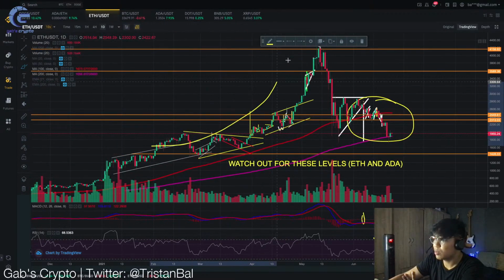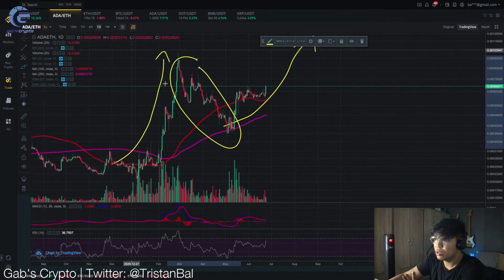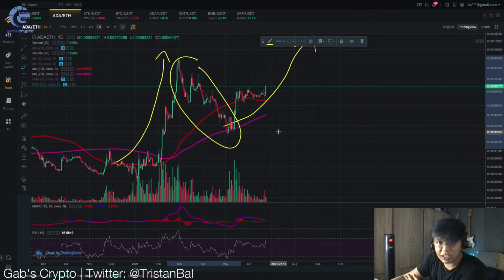So tingnan nyo, nag-pump si Ethereum during this period, pero kay Cardano, nag-decline siya. So this would indicate na if nagpa-pump si Ethereum, this would mean Cardano and other altcoins would be weaker against Ethereum. Pero if let's say nag-consolidate si Ethereum, this is where other altcoins will pump.